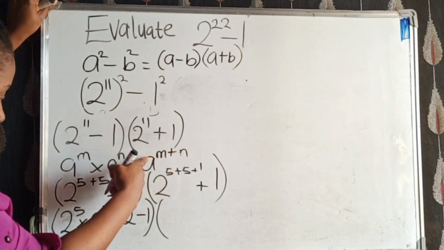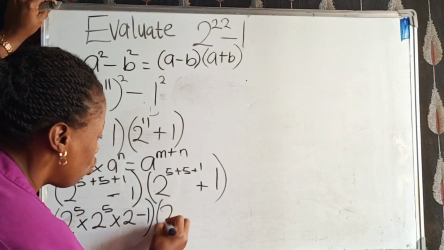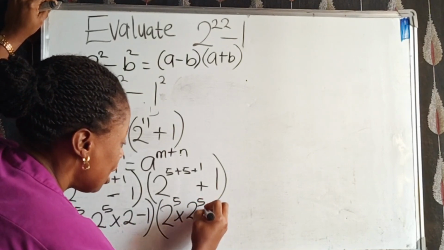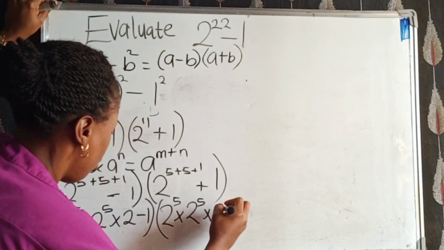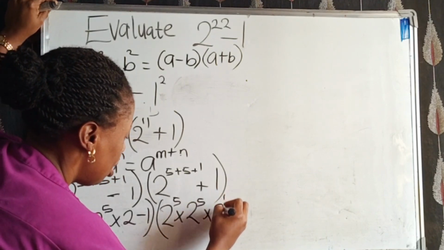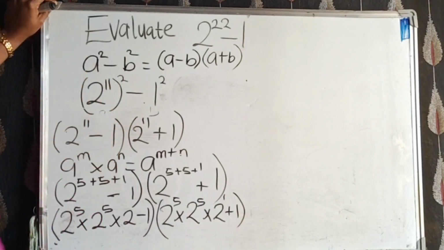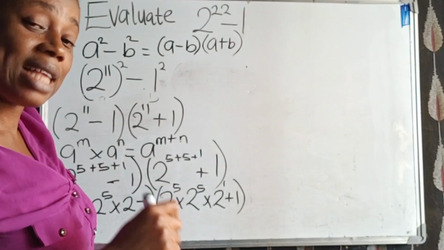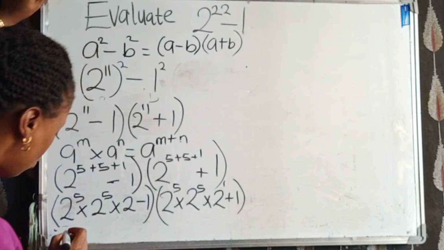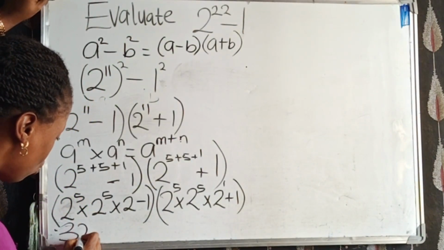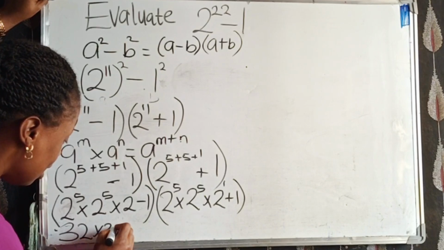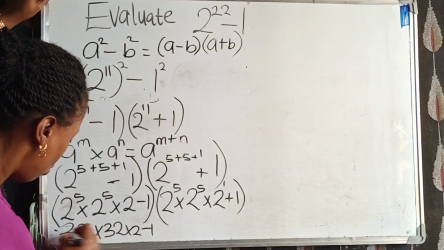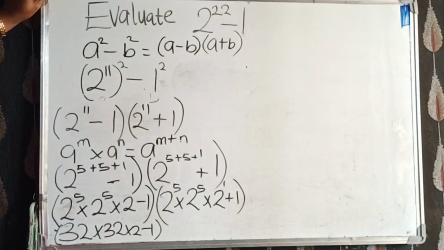So we have 2 raised to the power of 5 times 2 raised to the power of 5 times 2 raised to the power of 1. 2 raised to the power of 5 is 2 times 2 is 4, 4 times 2 is 8, 8 times 2 is 16, 16 times 2 is 32. So 2 raised to the power of 5 is 32. We have 32 times 32 times 2, minus this 1 that was there.